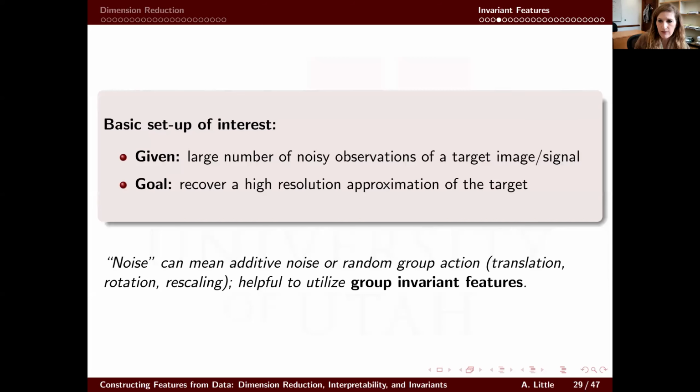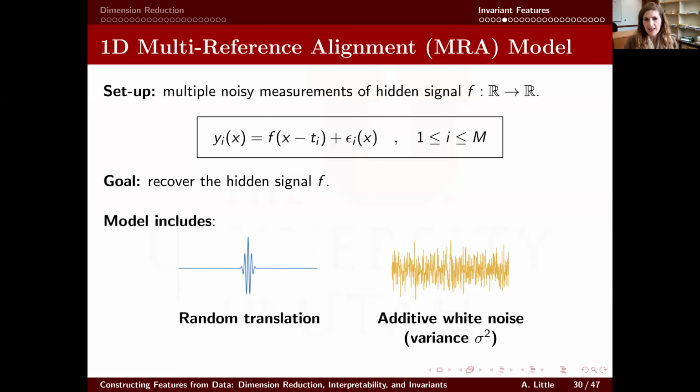It can mean additive noise, or some underlying group action that's acting on your points: translation, rotation, rescaling, etc. So in this context, it's often helpful to utilize certain group invariant features, but of course, the more invariants you force into your data, the less descriptive it can become. So there's a bit of a balancing act here.